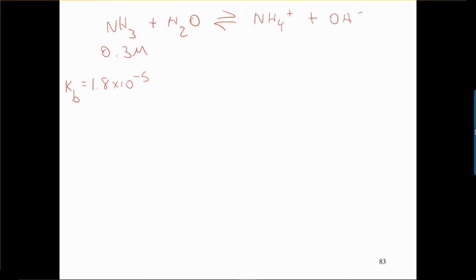It's a Kb, not a Ka for this case, because this is a base and we're finding OH minus. We will use the Ka later in this whole situation, but right now we're going to use the Kb.